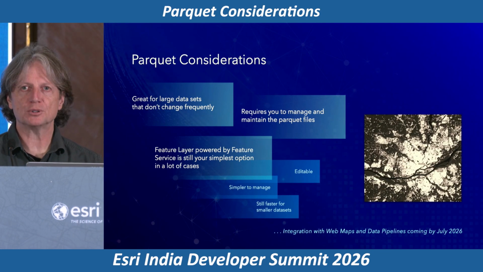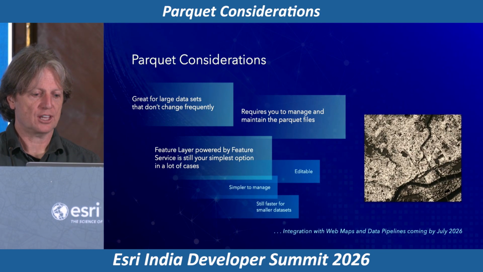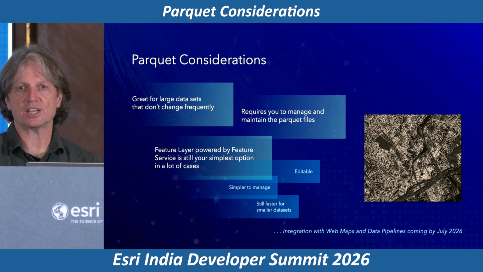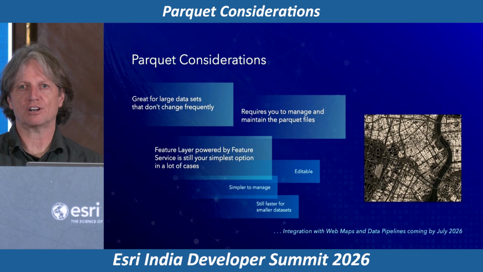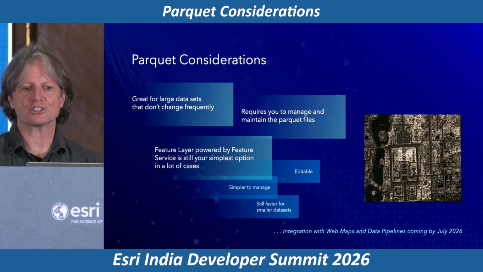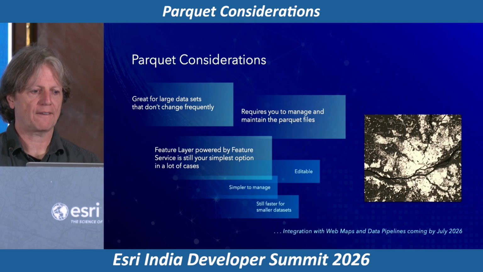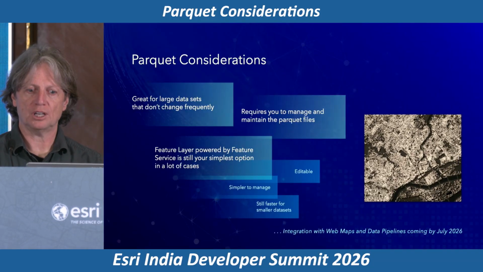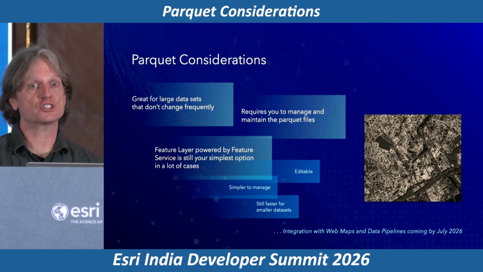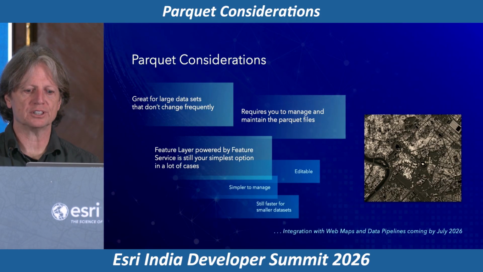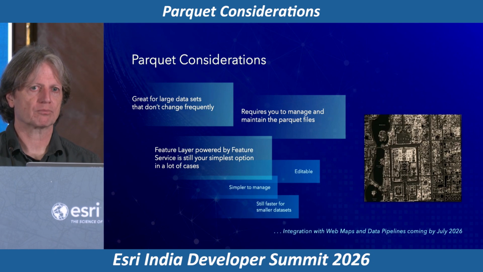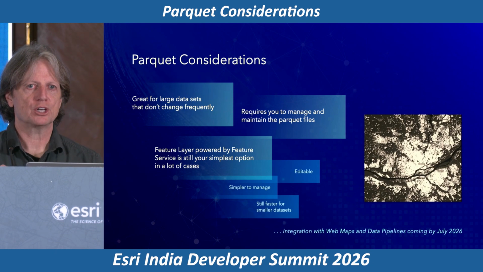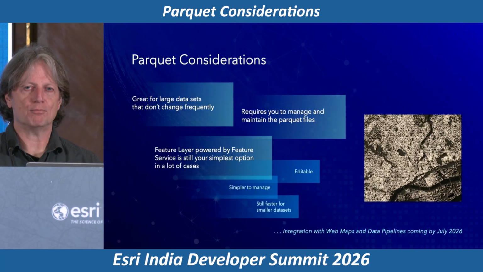Feature layers are editable, they're simple to manage, they're faster for small to medium data sets, and they work across the entire ArcGIS ecosystem, no matter the client that you're working with. But Parquet could be an alternative for some very large data sets that don't change very often, where you want to deliver them as part of a web solution. So that wraps up our SDK for maps.